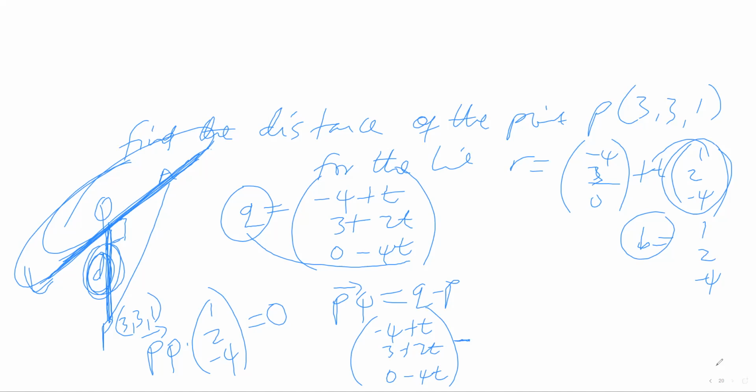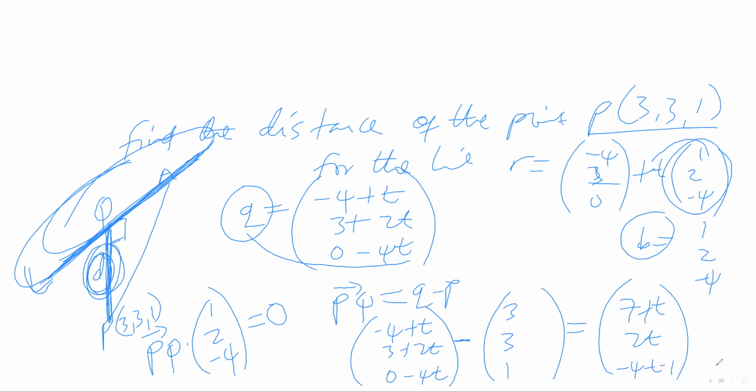P. What is P? P is given as 3, 3, 1. That's what we have. And so we're going to have negative 7 plus T, 2T, and then negative 4T minus 1. So this is PQ that we are multiplying by what?